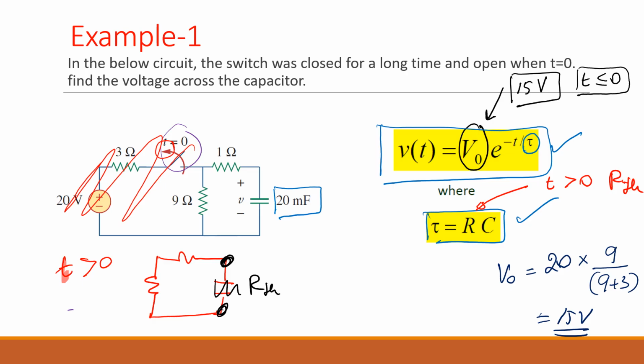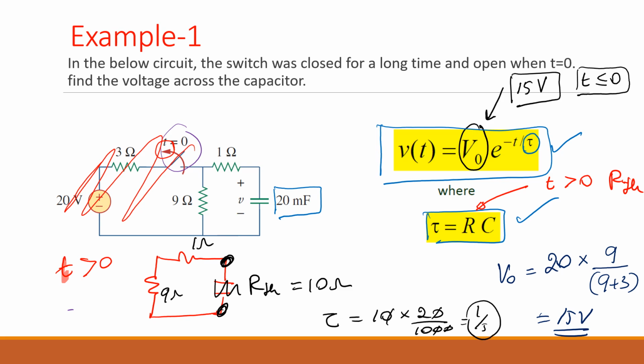So now, can you tell me what is the resistance across these 2 points? 9 and 1 are in series. So RTH is 10 ohms. Am I right? So we can write the tau. Tau is equal to 10 times 20 divided by 1000, because why is that? It is in microfarads. We have to convert it to farads. So this 2 will cancel out. Then we have 1 over 5. Agree?